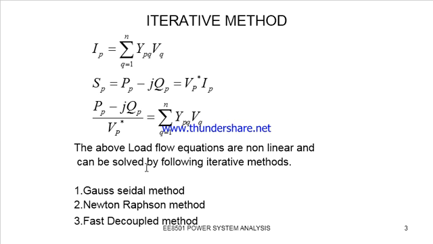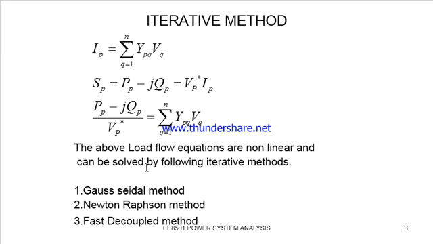Similarly, that Ip can be used for the calculation of the apparent power, which is nothing but Sp is equal to Pp minus jQp, which is equal to Vp star into Ip. Henceforth, Ip can be equated as Pp minus jQp by Vp star. Therefore, equating the first equation with this equation, we will be obtaining the third equation. This is a load flow equation.